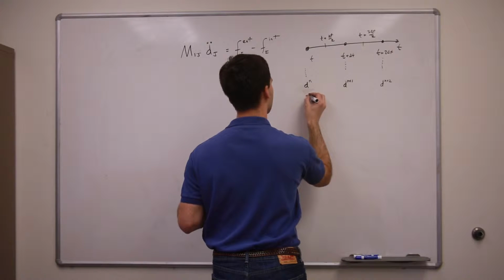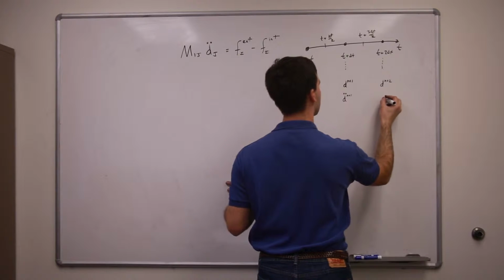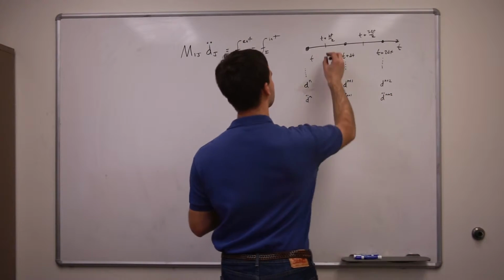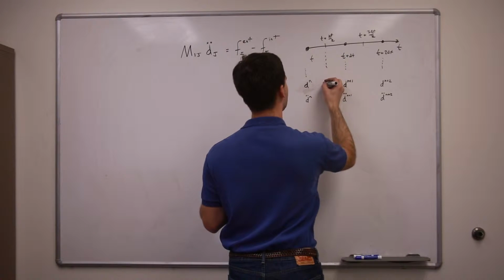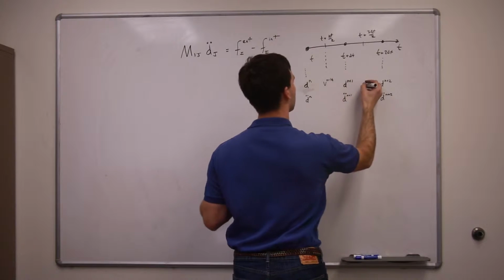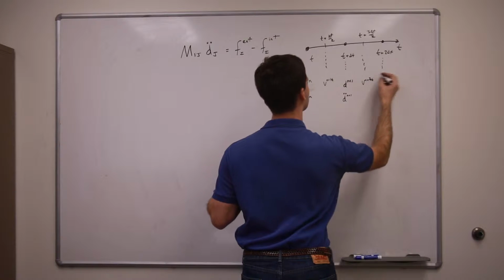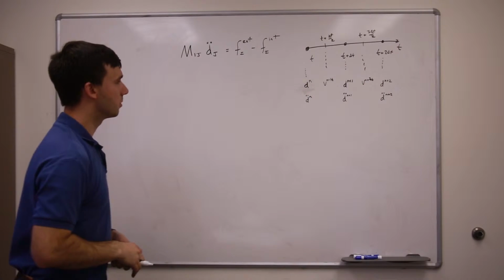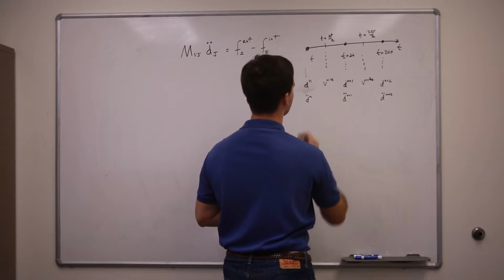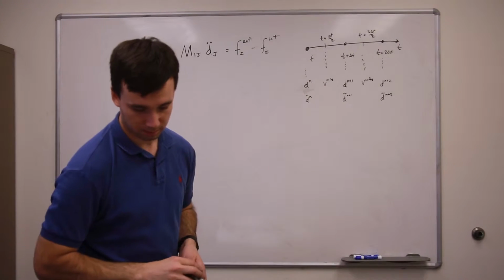So d double dot at n, d double dot at n plus 1, and d double dot at n plus 2. And then at the half steps, I'm going to keep track of the velocity. So v at n plus 1 half, and here I'm going to have v at n plus 3 halves. Okay, so I'm going to have the accelerations and the displacements at the time step, and the velocities at the half time step.